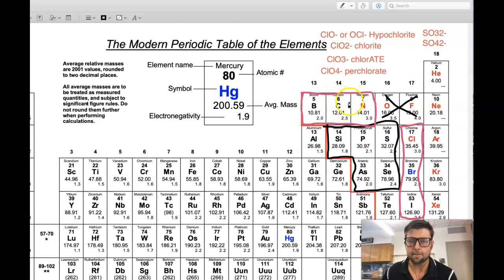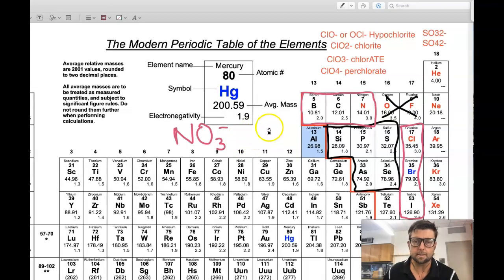The rule for the outers is if your suffix is ATE, that means it's going to have 3 oxygens. So for something like nitrate, NO3, the reason I know it's 3 is because the term nitrate, ATE, means that there's going to be 3 oxygens.